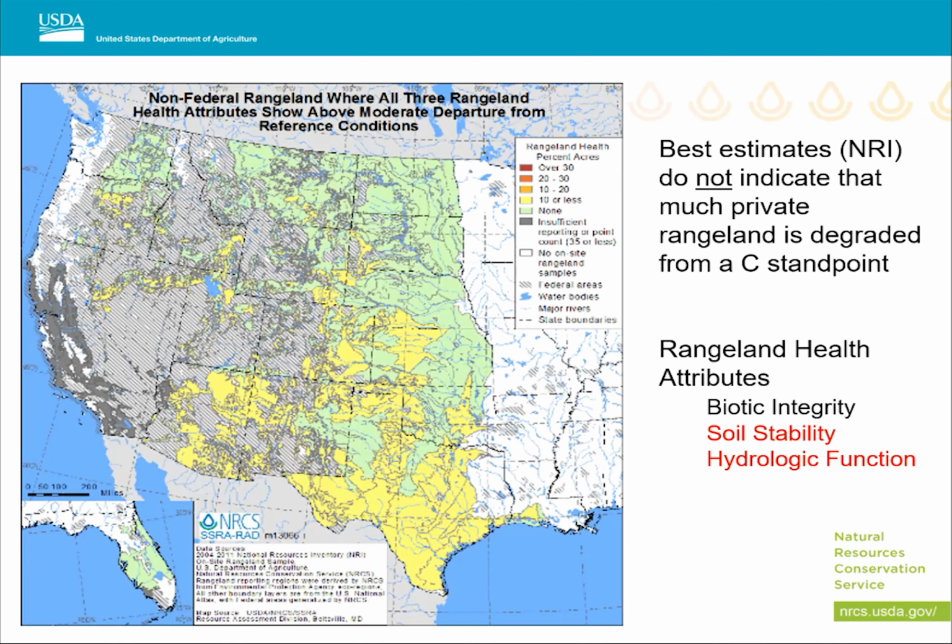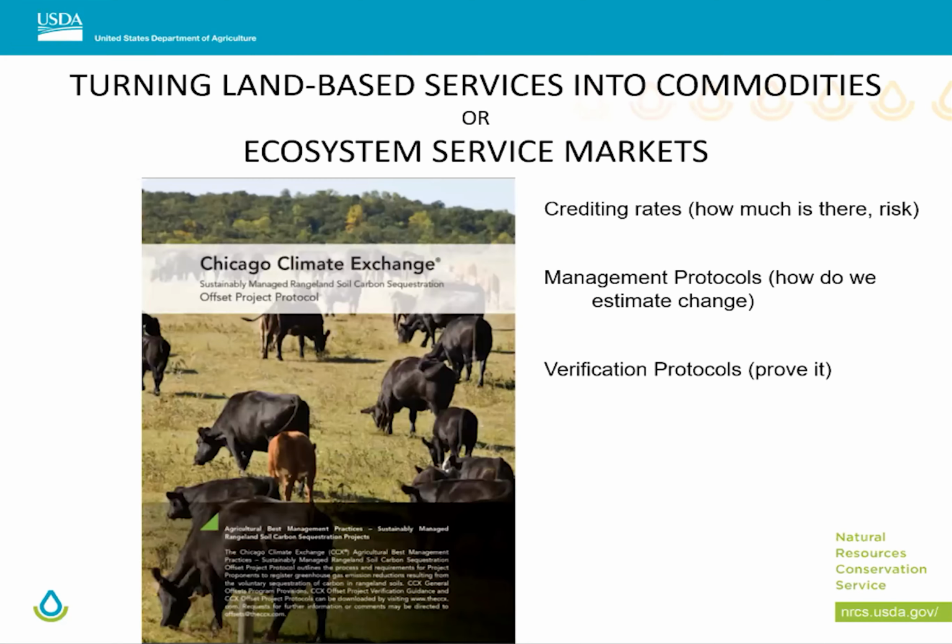So we really don't have that much rangeland that has lost sufficient cover, had sufficient erosion, or been degraded to the point that we've actually started losing carbon. Now, what that means is that if we haven't lost that carbon from our reference conditions, that carbon is still in the soil, and it's going to be difficult to actually increase that soil carbon through management.